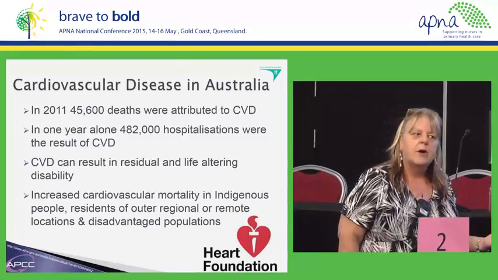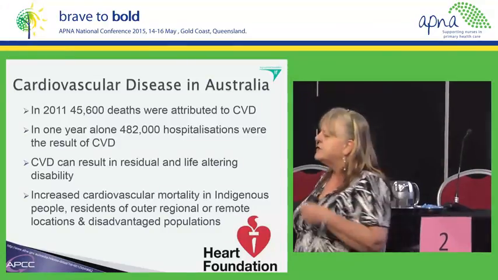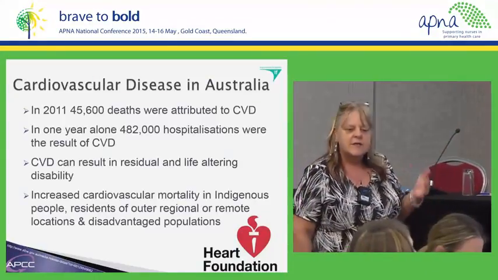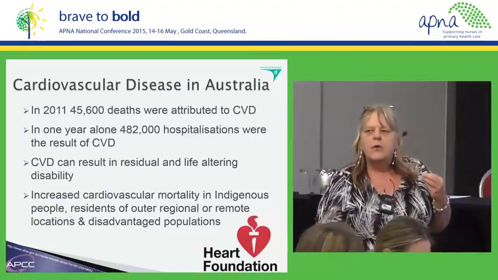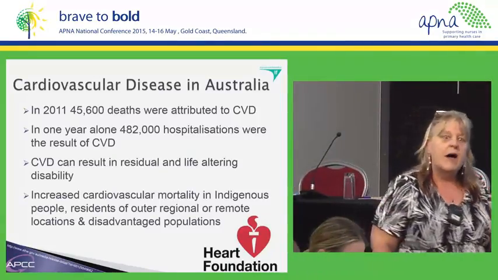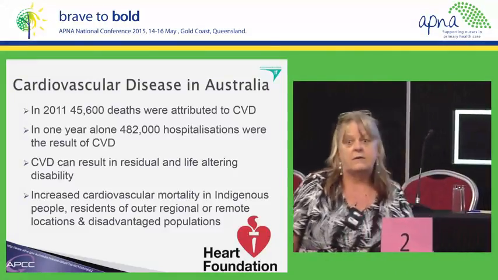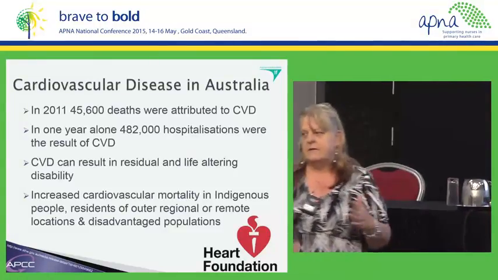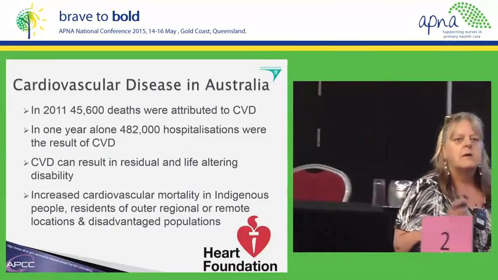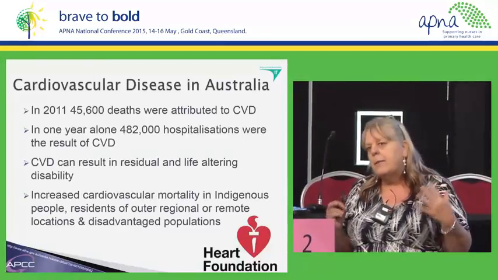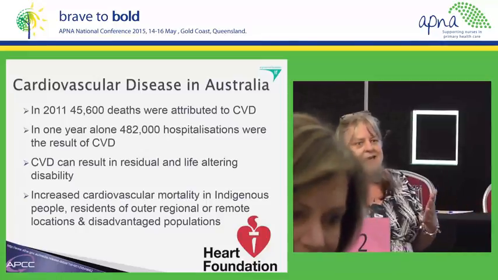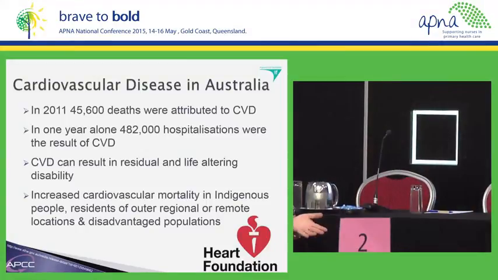So anybody working with the Indigenous populations in the outer regional areas, we really need to think about who the people are in our practice and presenting to us that may well have undiagnosed cardiovascular disease. Because once it's in the file, we're kind of like, so we can handle this. But a part of our job is to actually find these people, identify them when they're coming in for something else.